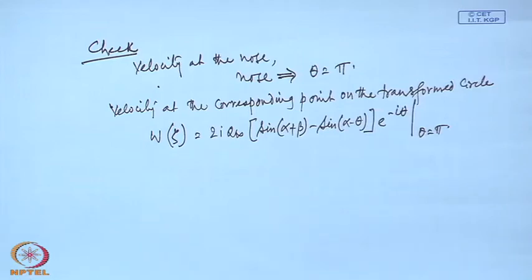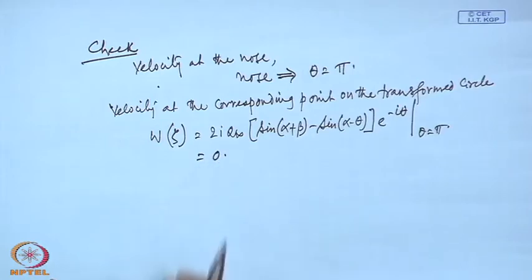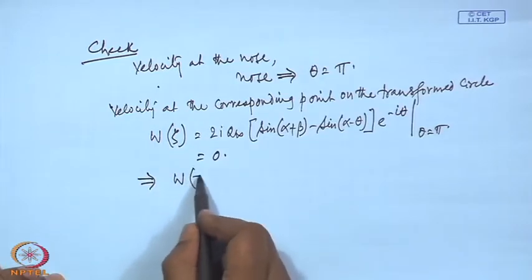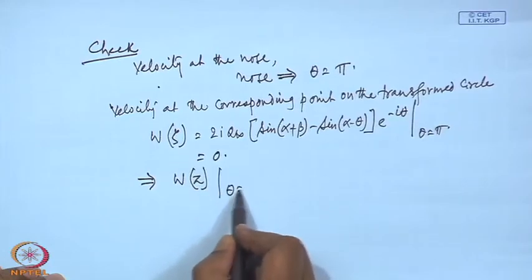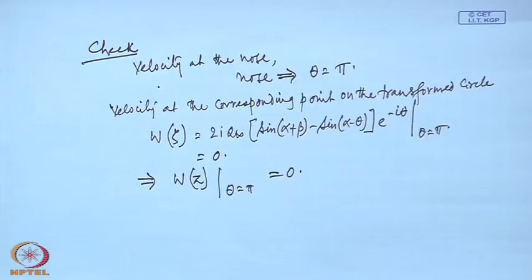How much is this? 0. So, this divided by dz d zeta is again 0. So, this is confirmed.